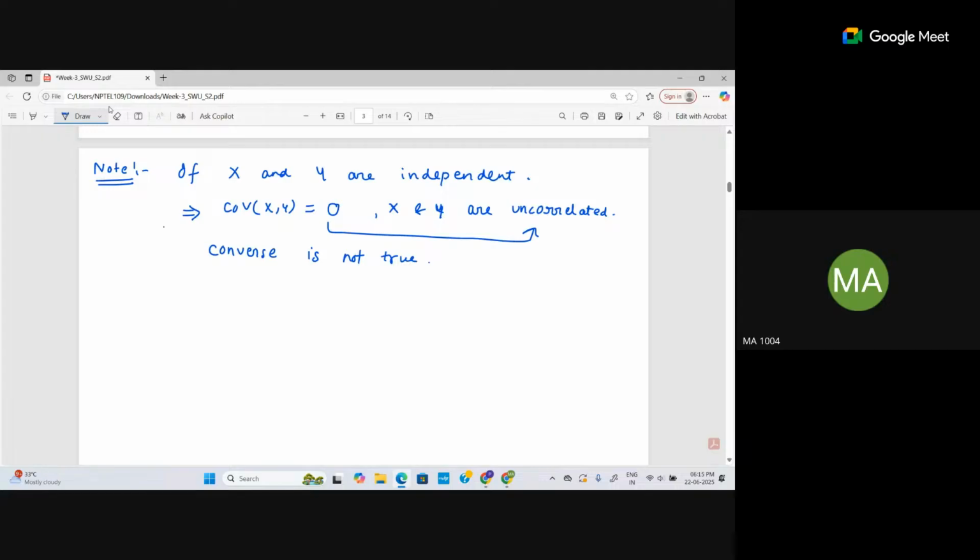See, the covariance gives you the linear relationship between two variables. So these two variables will not be linearly related. There can be some quadratic association present. So the linear relation between these two variables will be absent there, but they can be related to each other in some other way. There can be some quadratic or some other form of relation between them. So in that case, they will not be independent.